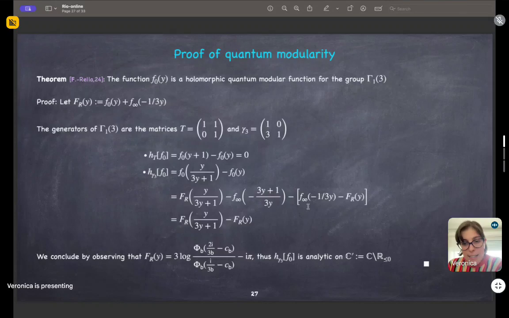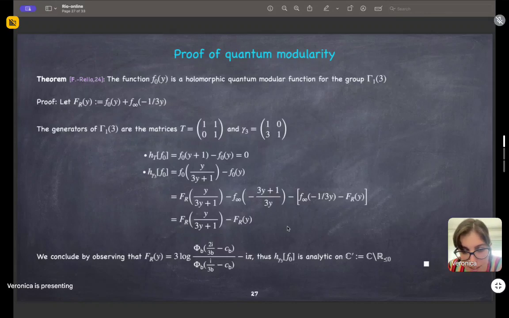But now what is interesting is that here, you can use again the invariance of F_infinity for the transformation y going to y plus 1, because it has the same invariance. And so these two cancel out.